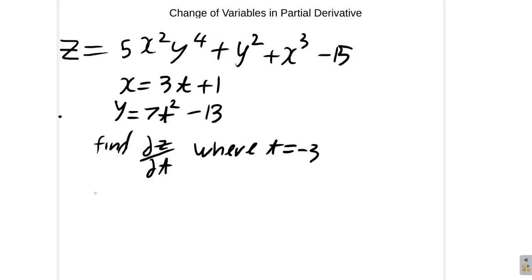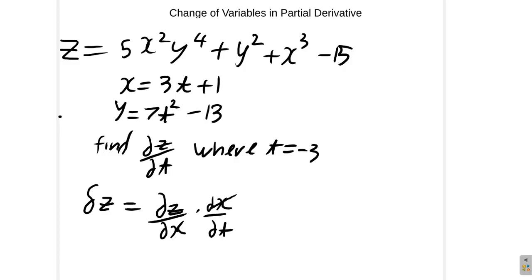Alright? Now, a change in z is equal to delta z by delta x times delta x by delta t, and you notice the delta x and delta x, you can imagine them cancelling each other, right?